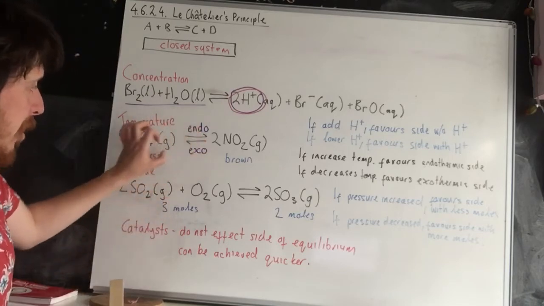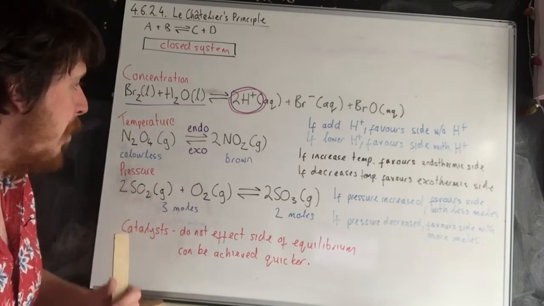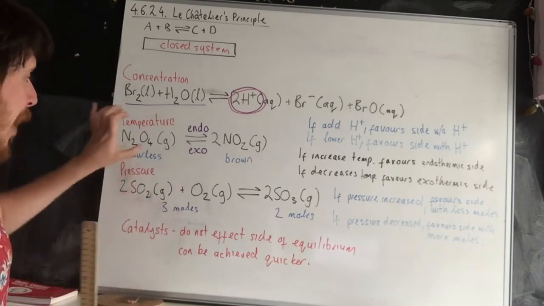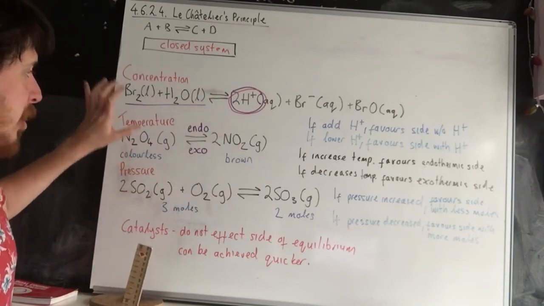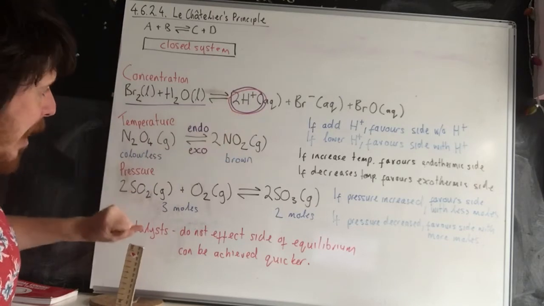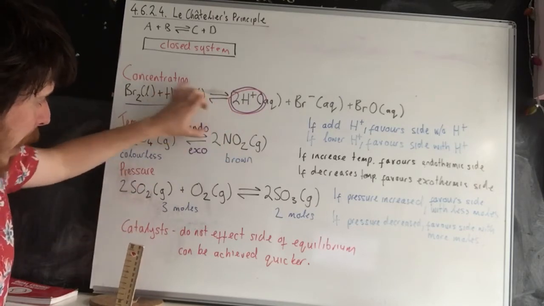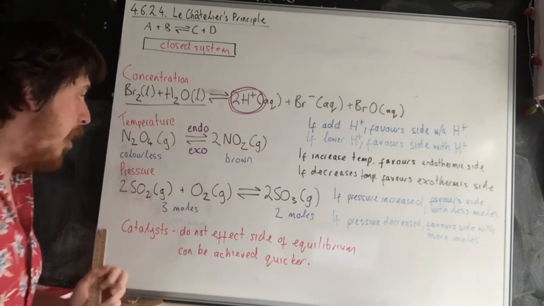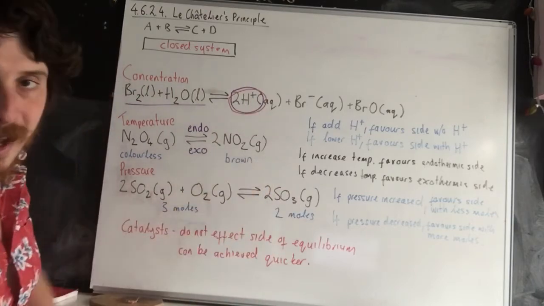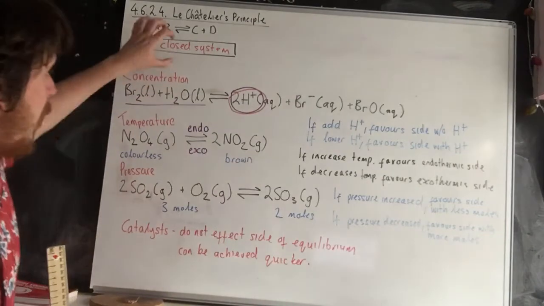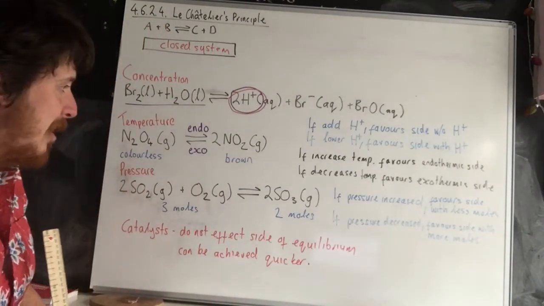In the reverse direction, that's exothermic. If I increase the temperature of that system, it's going to start making more brown gas because of that forward reaction where it's endothermic. To counteract the increase in temperature, it's going to produce more brown gas, so what you see in your closed system is brown gas instead.